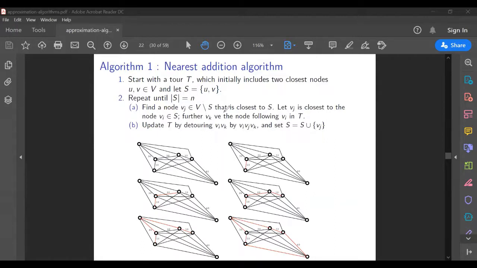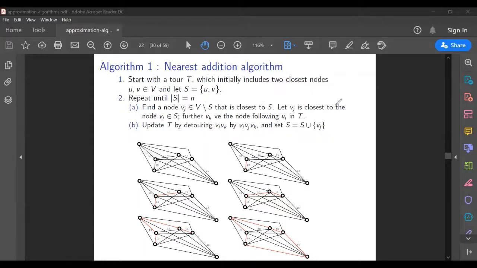We repeat this because I have to start from a node, visit all the nodes, and come back to the same place. That means I should have all the n nodes in my set of vertices. So now we find a node Vj that belongs to V and should not already belong to S, that is closest to S. Any one of the nodes, if it is closest, you choose that.